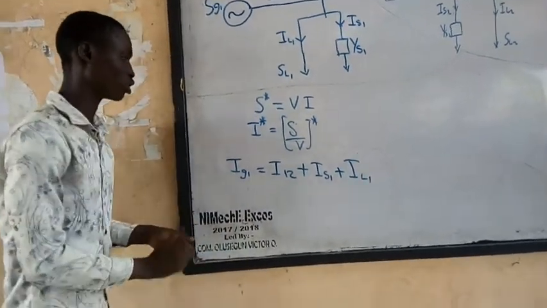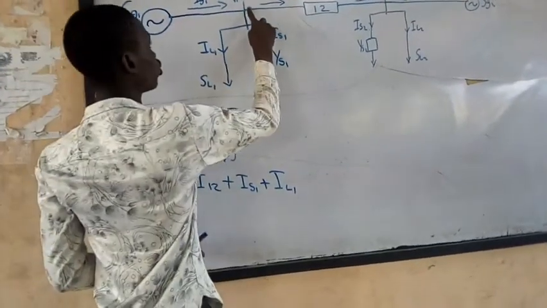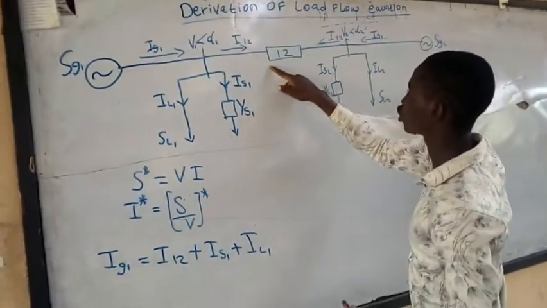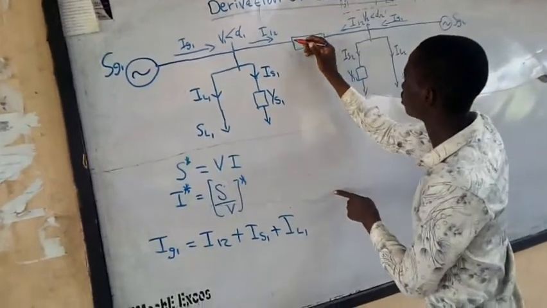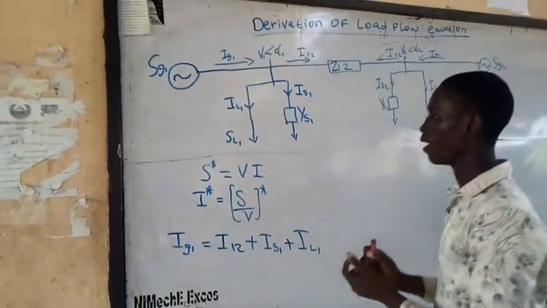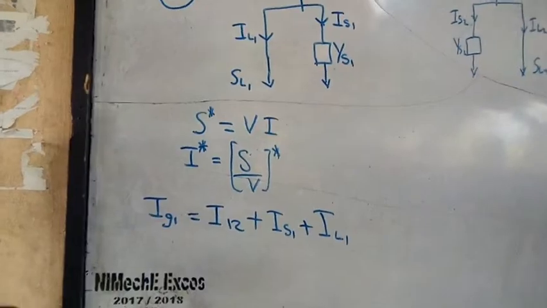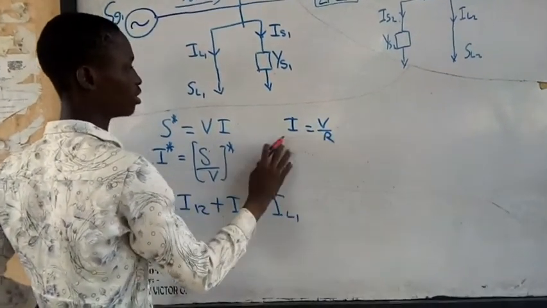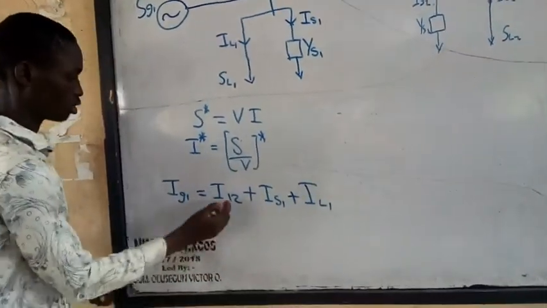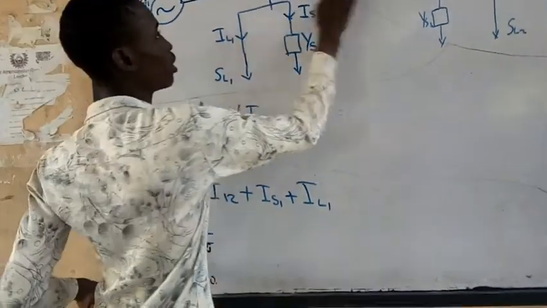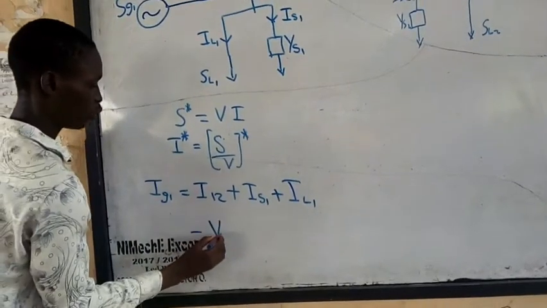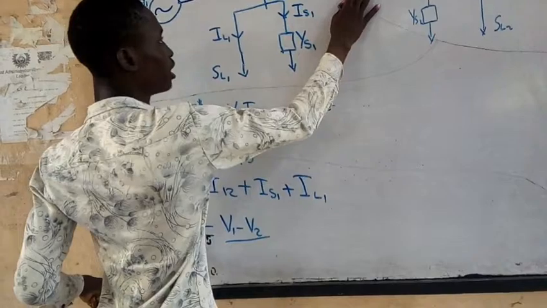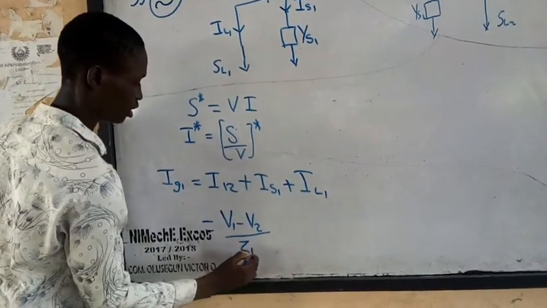So from this expression, I12 is going from voltage 1 to voltage 2, and it's passing through an impedance known as Z12. Now, if you can recall in Ohm's law, we said I is equal to V over R. Same thing we are going to do here. I12 going from here to this place will be equal to V1 minus V2 over the impedance it is passing through, which is Z12.